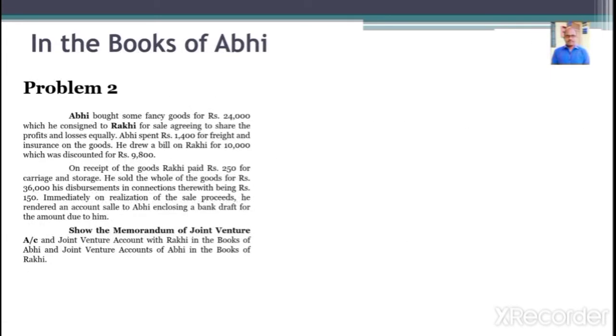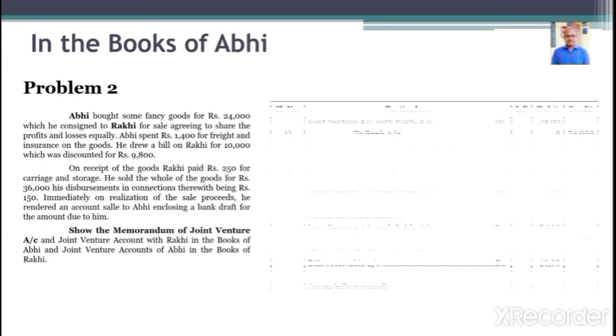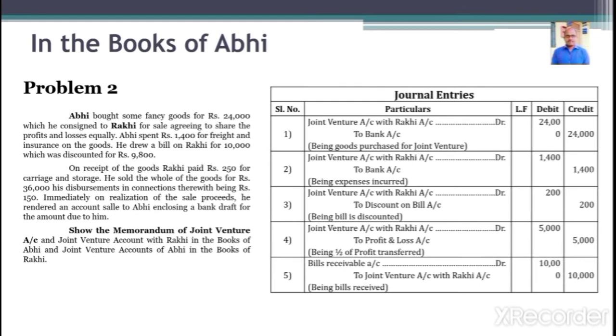Similarly, in the books of Abhi, the journal entries are as follows. Joint venture account with Raki account debit to bank account. So this is the journal entry for goods purchased for joint venture 24,000. Then joint venture account with Raki account debit to bank account. So this is the journal entry for expenses incurred by Abhi.